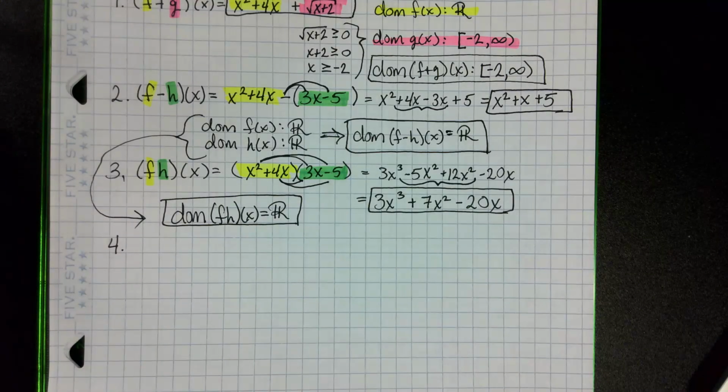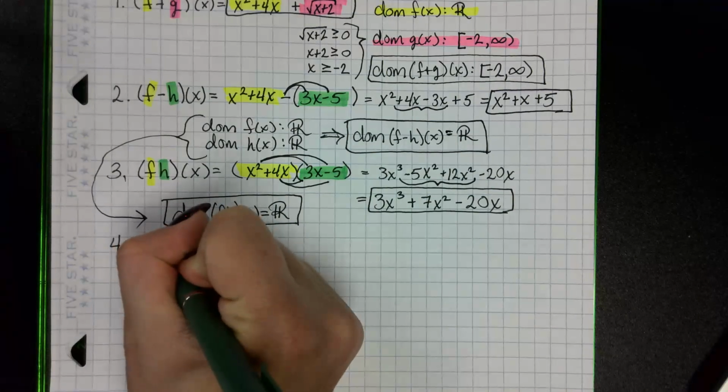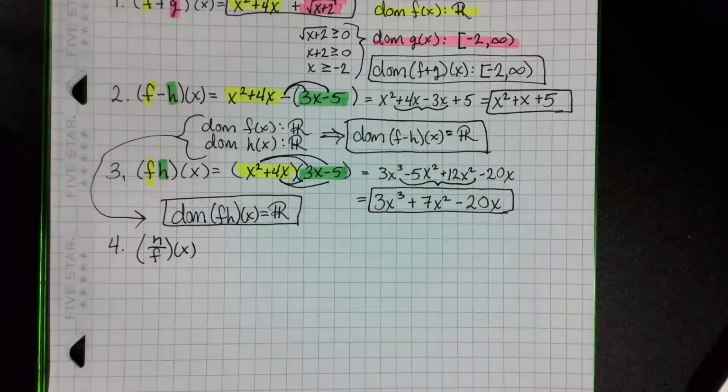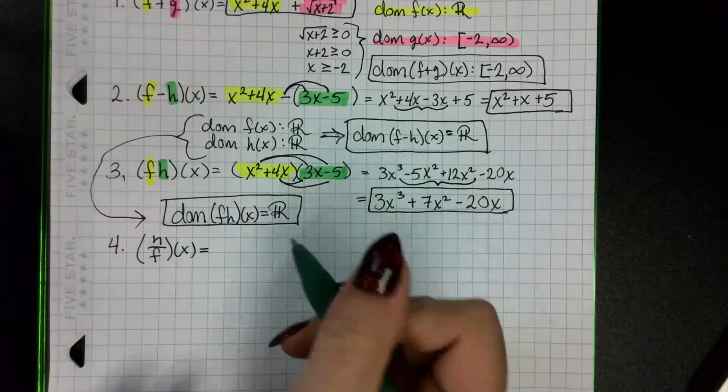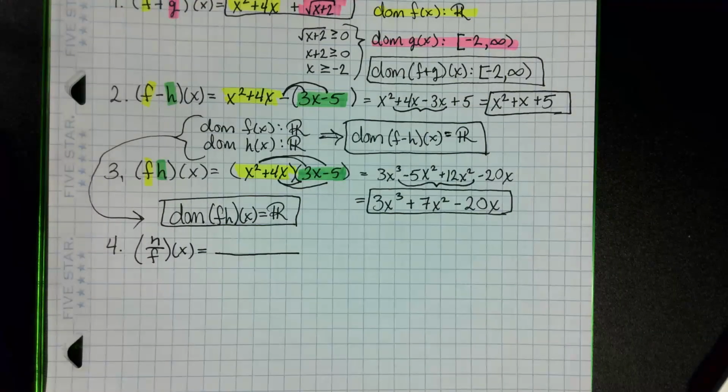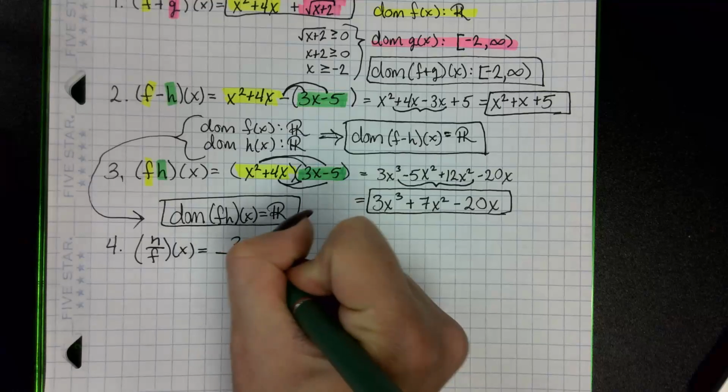And then the fourth operation is h divided by f. So we're going to do h over f of x. And the h is on the top, so 3x minus 5 on top.